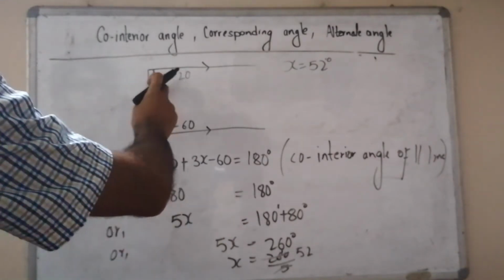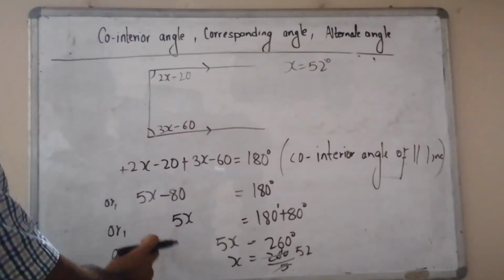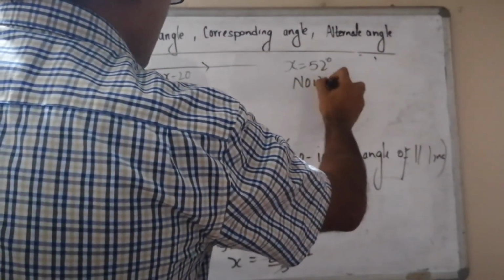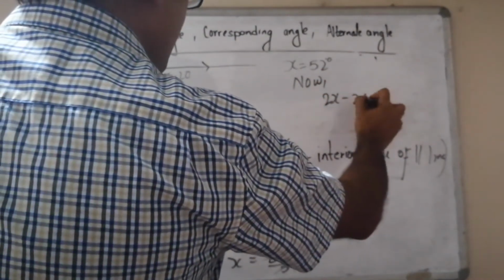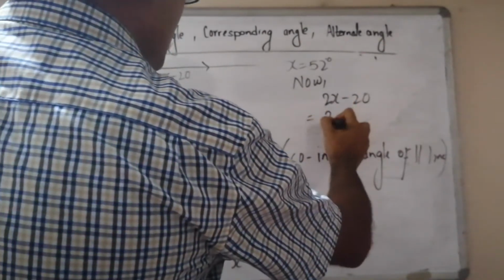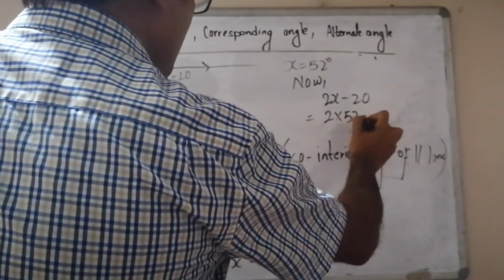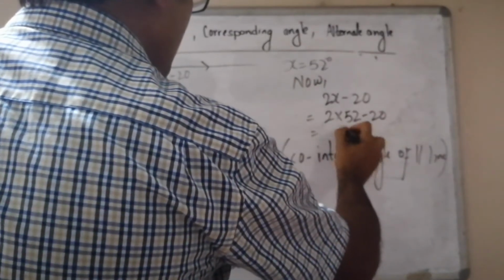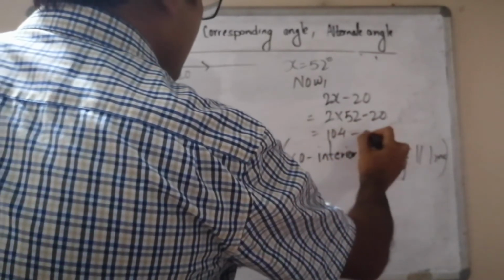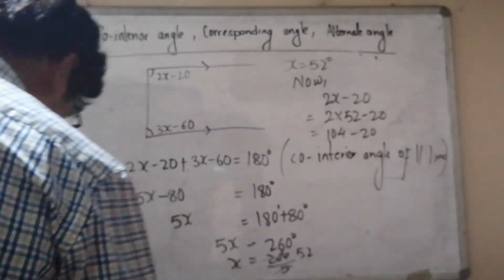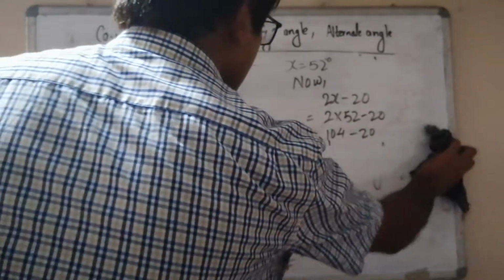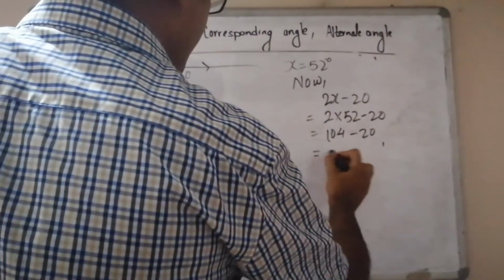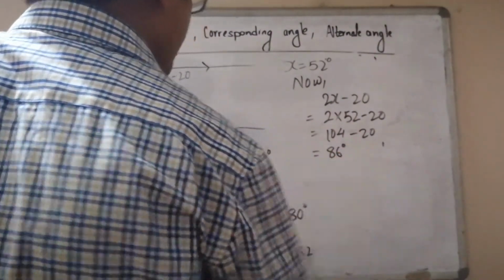Now we found the value of x, but if you want to find the value of the angle, 2x minus 20 equal to 2 into 52 minus 20. 2 2s are 4, 5 2s are 10, 104 minus 20. If you subtract 104 minus 20, it becomes 84 degree.